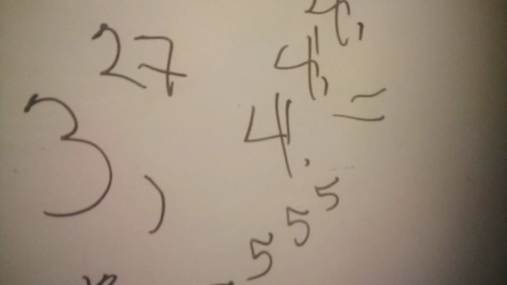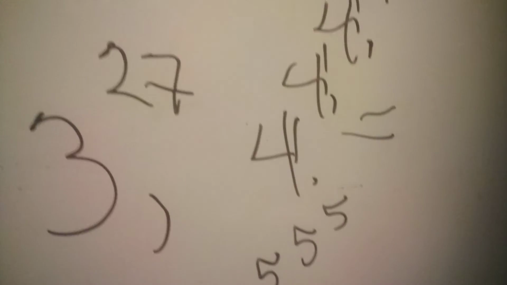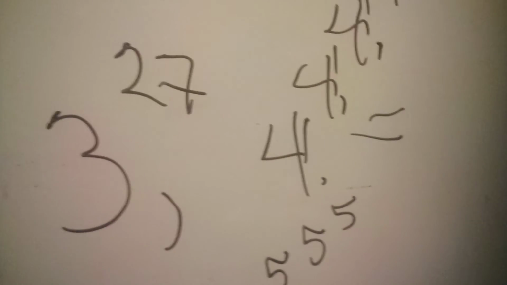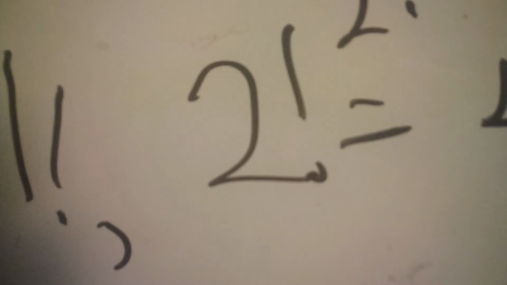But that's not all we can do, right? We can do iterated factorials. In other words, we go back and start out with 1 factorial again.